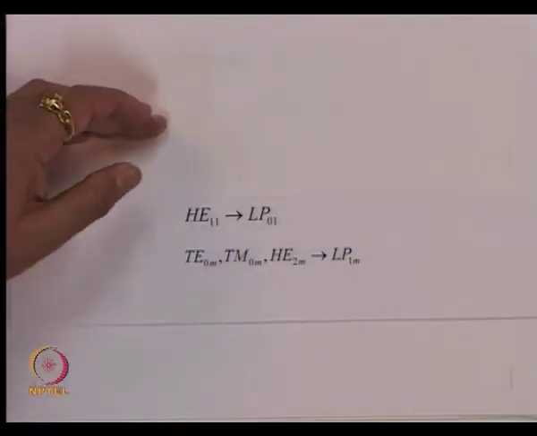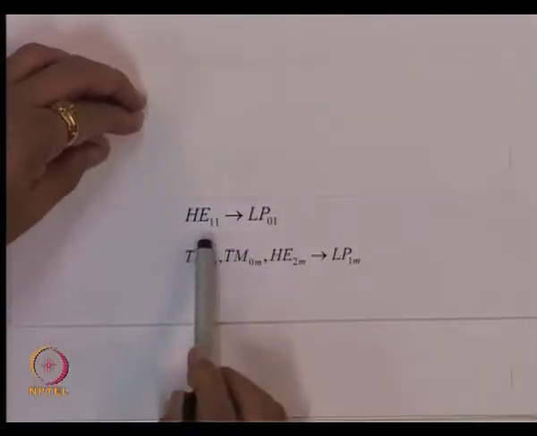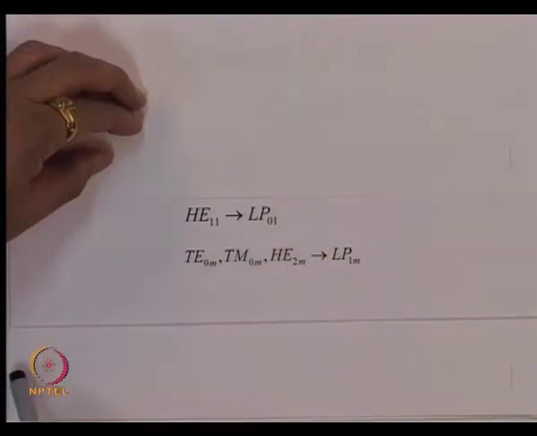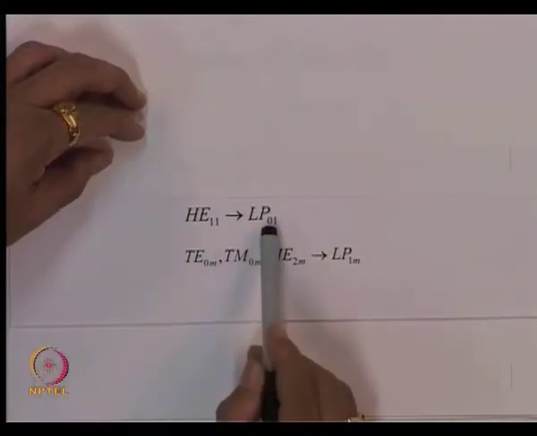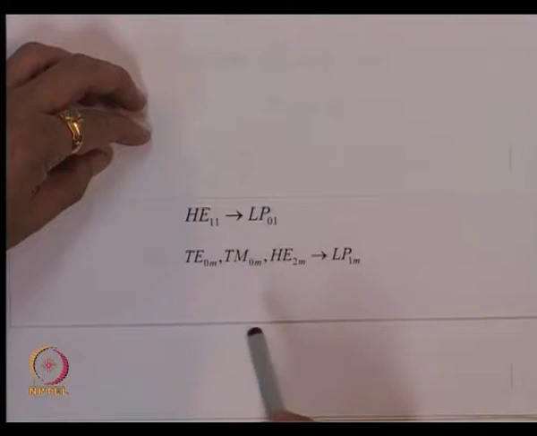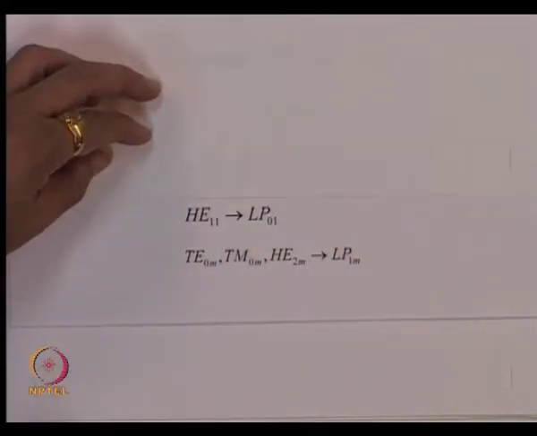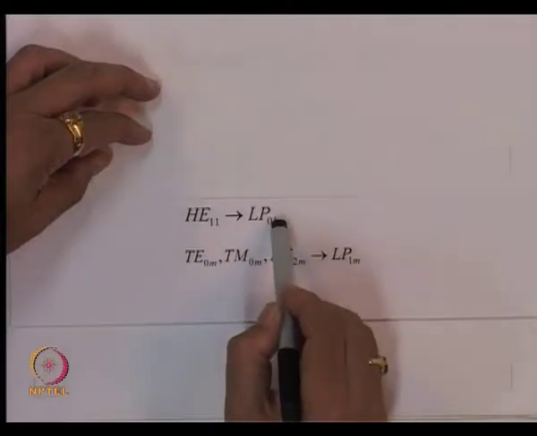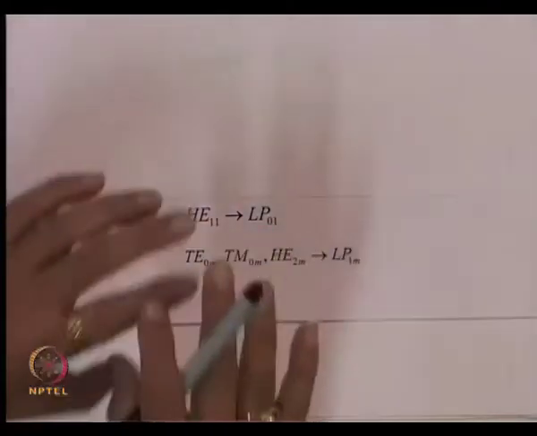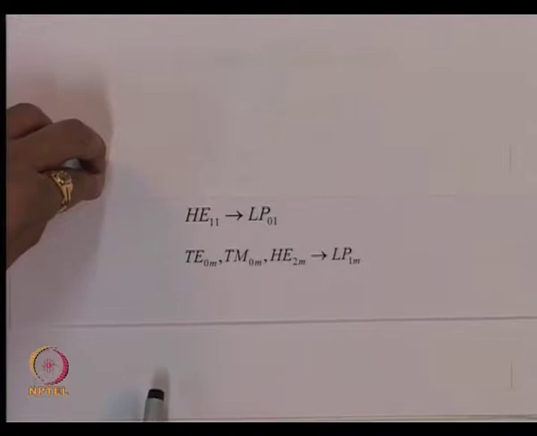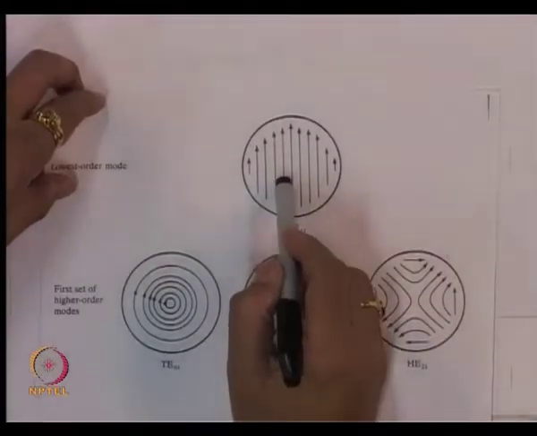So, the HE11 mode essentially becomes the LP01 mode. The first index tells me that in the azimuth direction there is no variation in the field amplitude. The second index 1 tells me that there is no zero crossing in the radial direction. So, this field distribution would be the linearly polarized LP01.